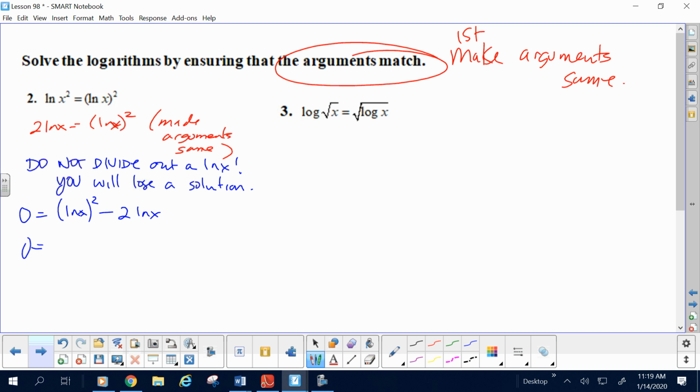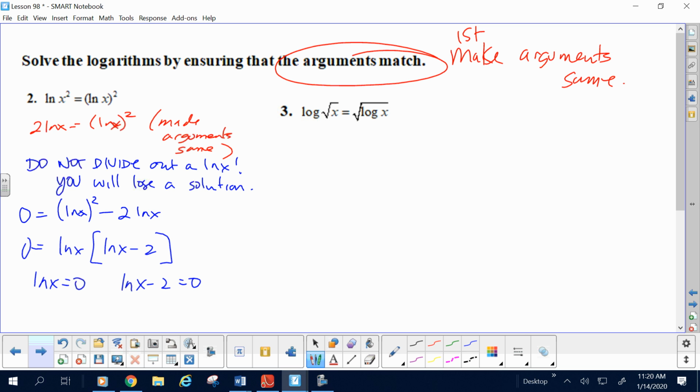Factor out a natural log of x. What's left inside? The natural log of x minus 2. Now, if this times that equals 0, then surely natural log of x needs to be 0, or natural log of x minus 2 needs to be 0. That's called the zero factor theorem, or the zero product rule.